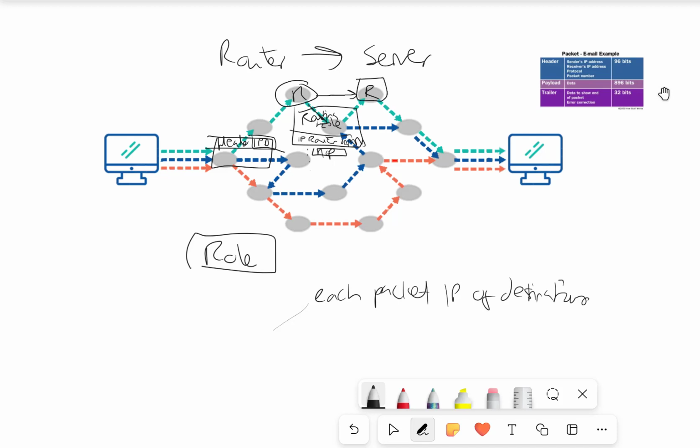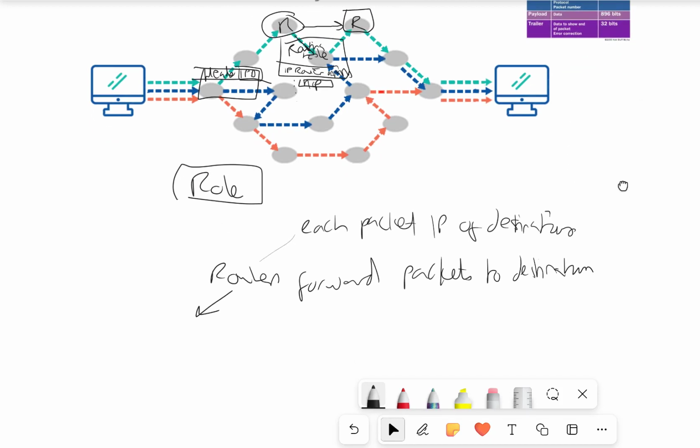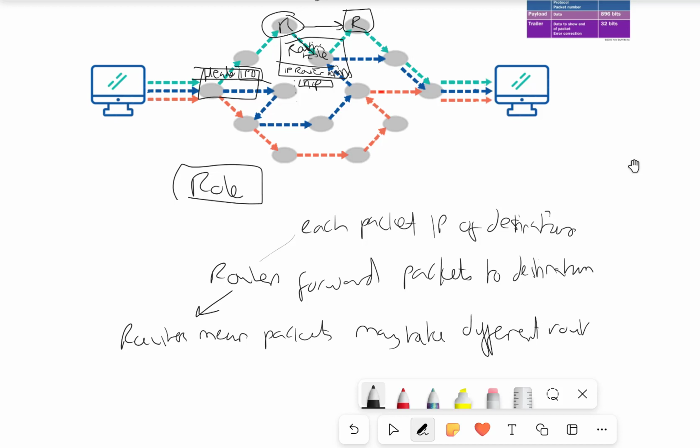So after we check the routing table, routers forward packets to destination, and because of this and the routing table and the different potential ways we can move forward, routers mean that packets may take different routes to destination.